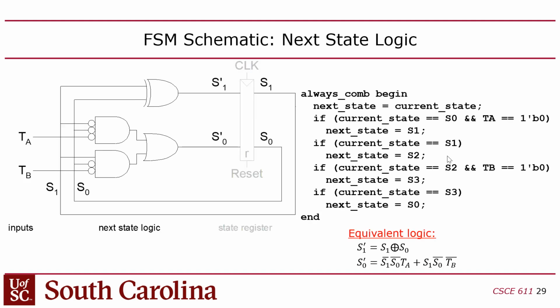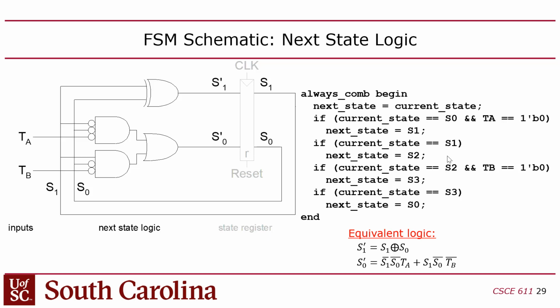Then you can have another always block, which is combinational, that implements the next state logic, because the next state logic is combinational logic, right? So this is going to set the next state, rather, as a function of the current state and the inputs. So this says, for example, if current state equals S2 and the traffic sensor at Bravado is 0, then I'm going to set my next state to be S3.